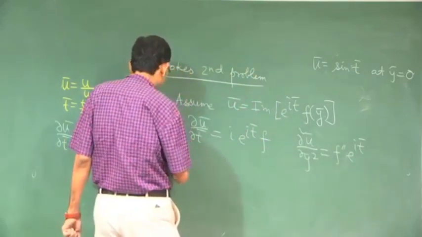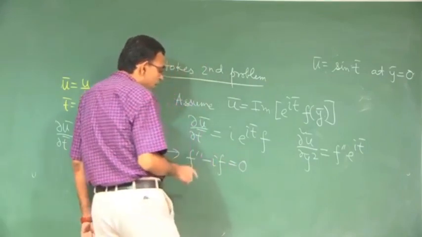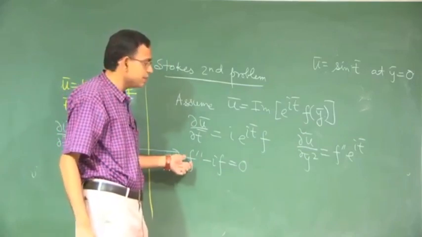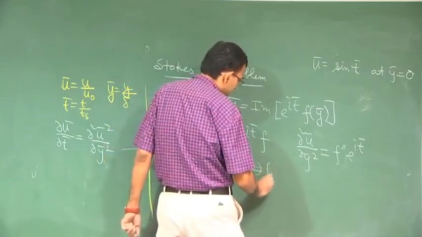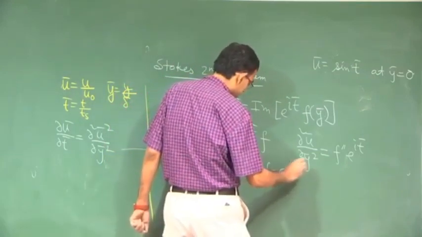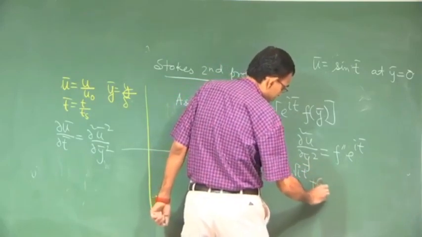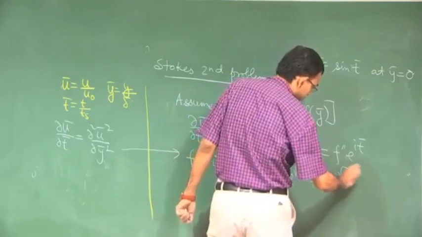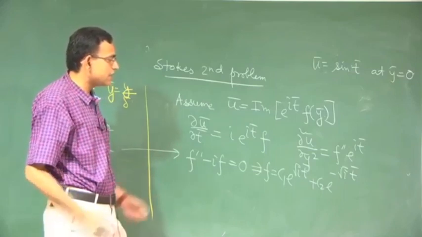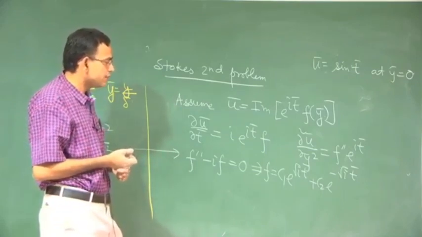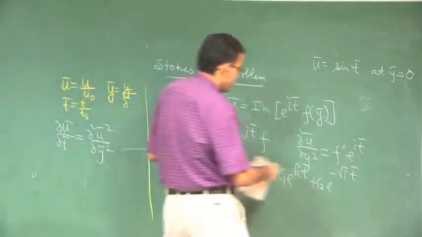So, this equation tells, so if you now take f is equal to e to the power my as the trial solution, you will get this. Now we have the condition that at y tends to infinity, sorry, this is y, right, not t, y.